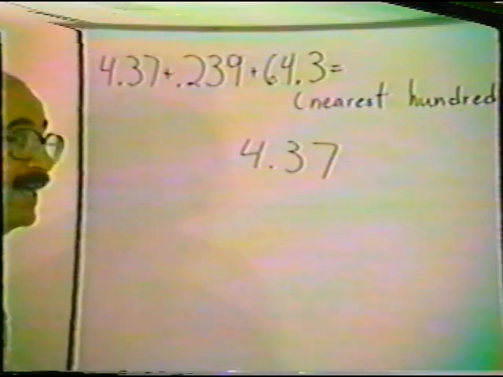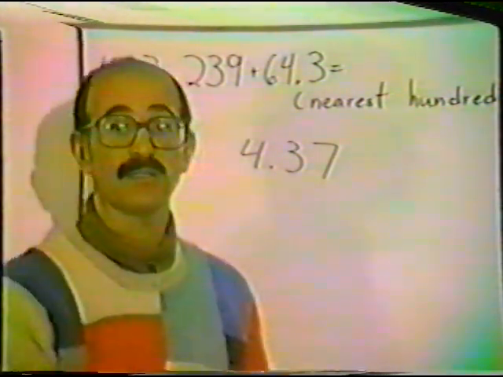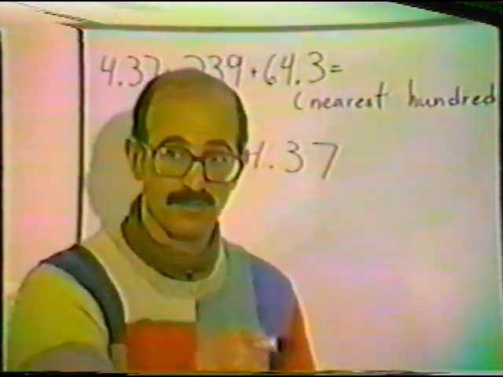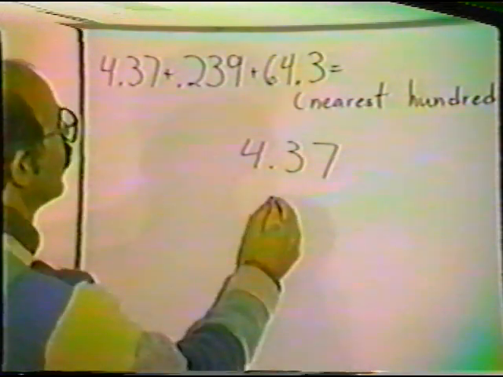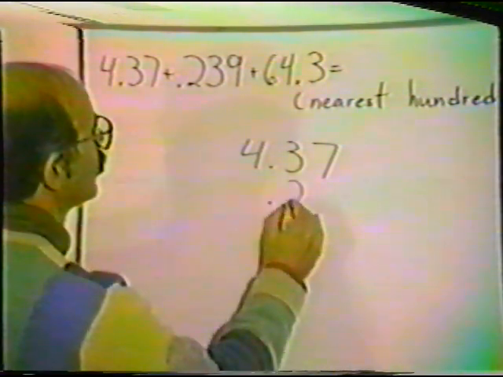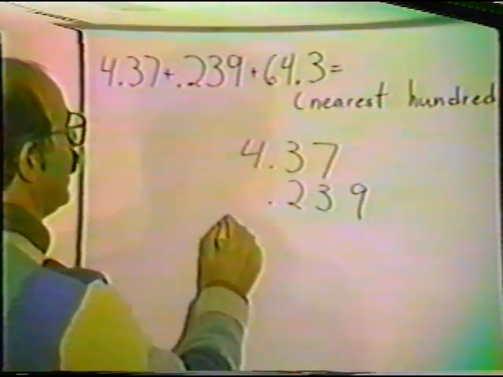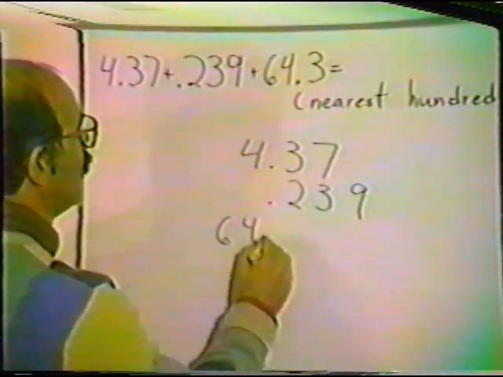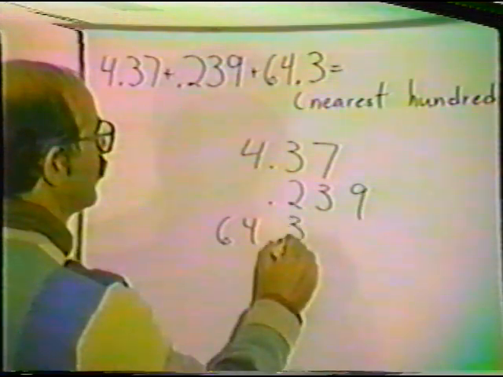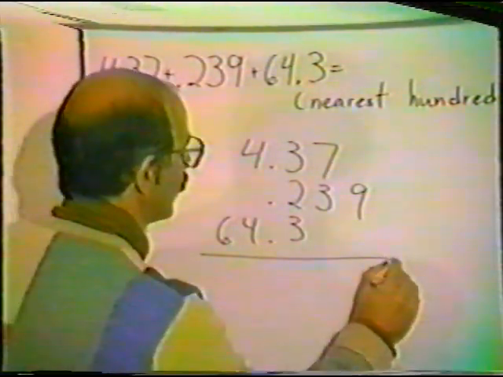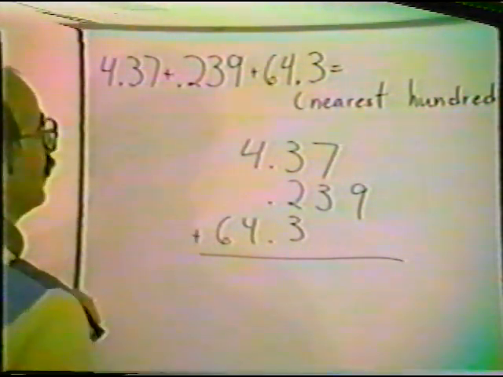And remember that when we add decimals, we need to line the decimal points straight up and down. 0.239 and 64.3. Each number in its proper place.